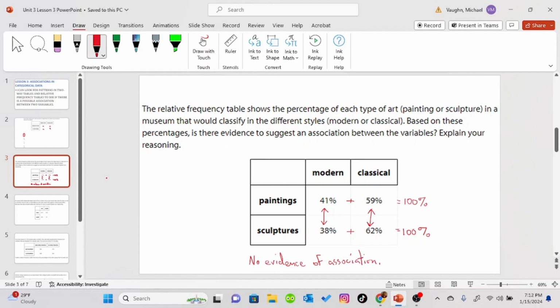It does not seem like just because you would be picking a painting, it would be more or less likely to be modern or classical than if you picked a sculpture and it was modern or classical. You've got about the same percent chance of picking modern or classical, and it doesn't matter whether you're taking paintings or sculptures. So that is why we would say there is no evidence of association.